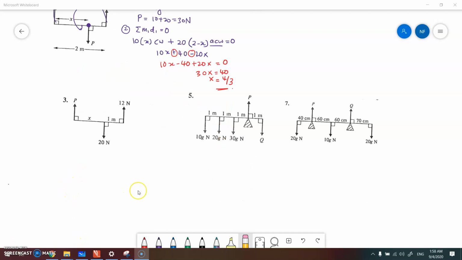Here for example 3, first, how do you find P? P plus 12 is equal to 20. So P is 8 Newton.